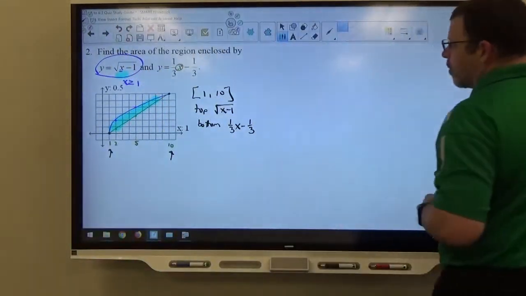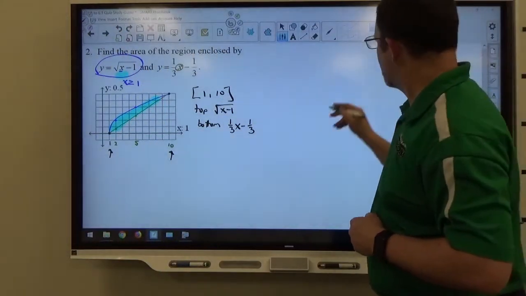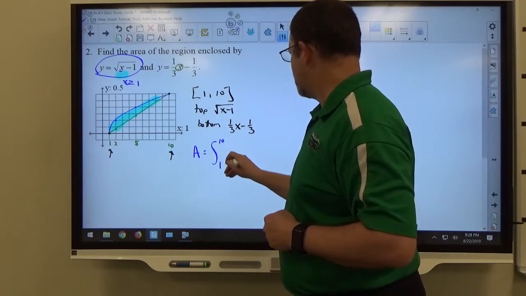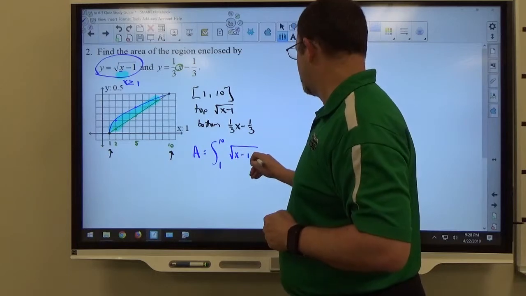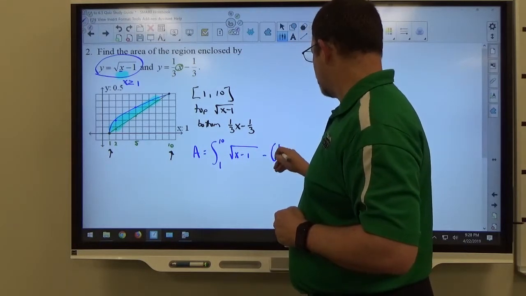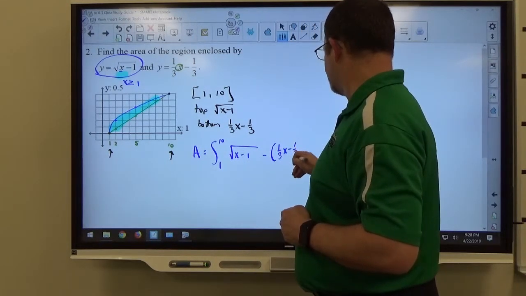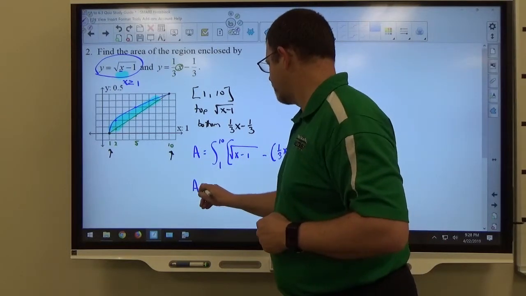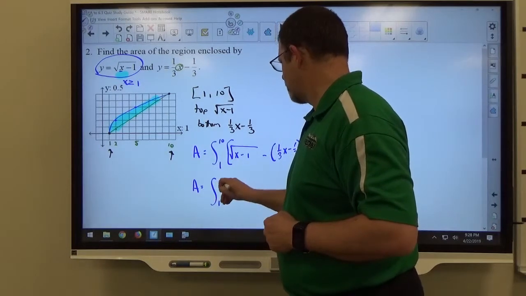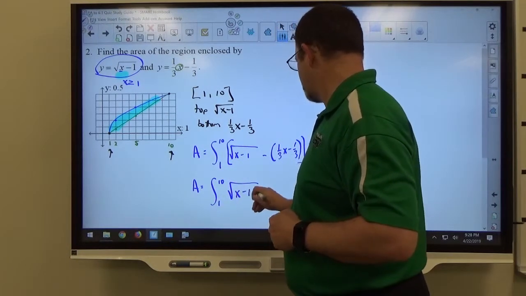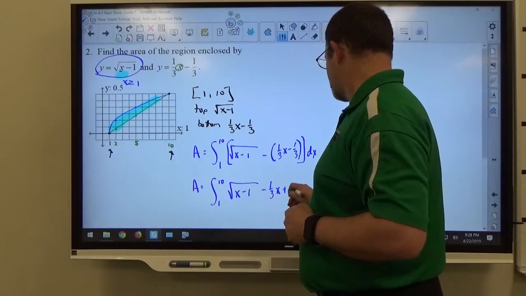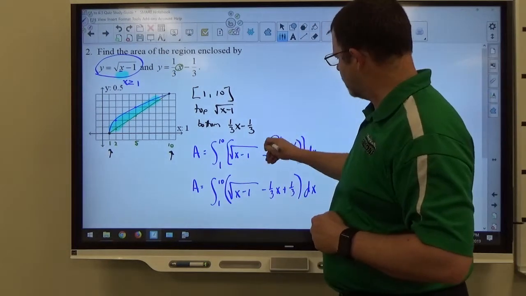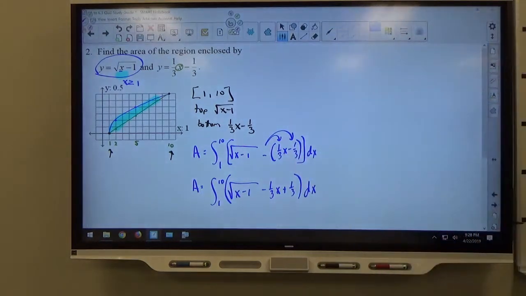So if I write an area formula for this one, the area should equal the integral from 1 to 10 of the square root of x minus 1 minus 1/3 x minus 1/3 dx. If I go ahead and distribute that minus sign through that parentheses there, I get minus 1/3 x plus 1/3.